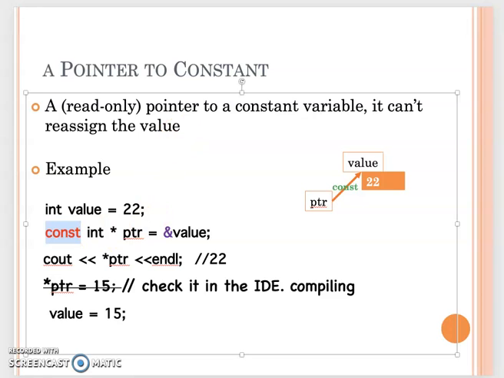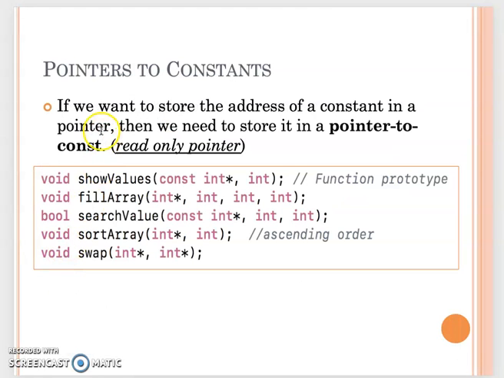We actually see this example a lot. Do you remember in your assignment 13, I have functions passing an array through the pointer. When you have the show values array, you use the constant pointer. That means your array can be passed, but in show values, through the pointer, you cannot update the data. The searching will be the same.